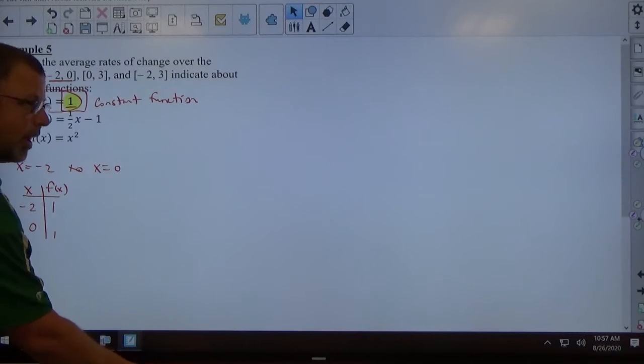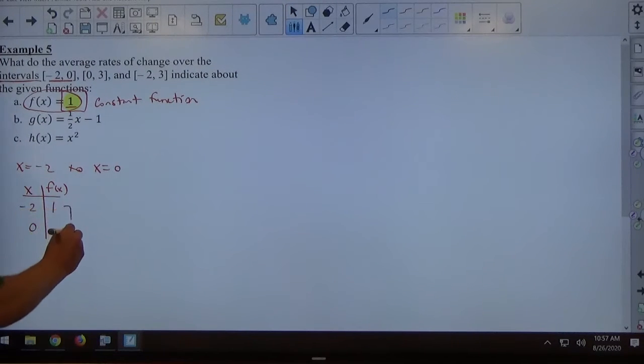So rate of change is simply how much does this change on top? How much does this change on the bottom? Top, bottom. Change is subtraction. We subtract. The only requirement of subtraction is we subtract in the same order.